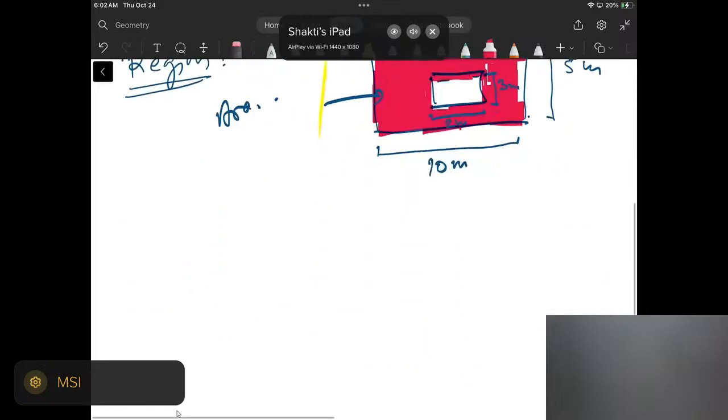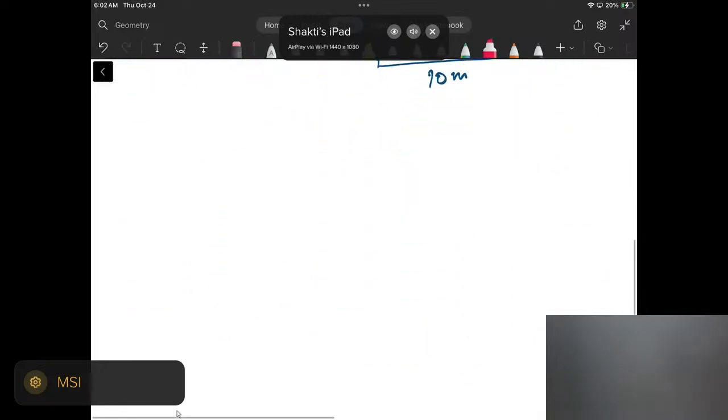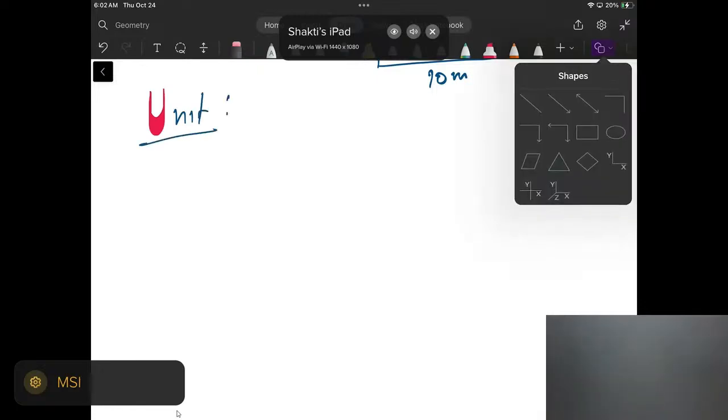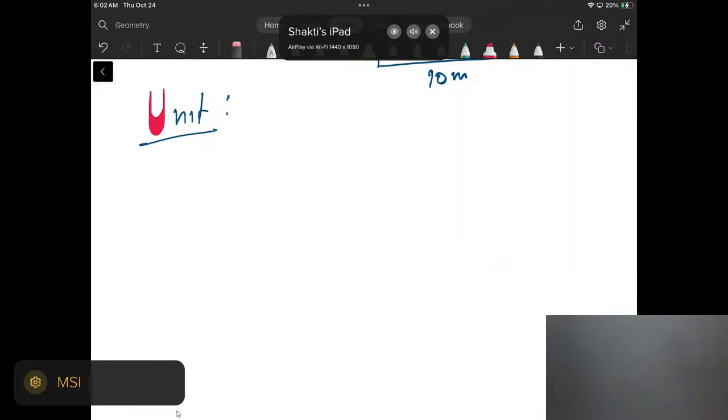One more thing I noticed whenever students solve questions: we should have the units also. Let's take an example. This is a rectangle, and let me say this is 10 meter.